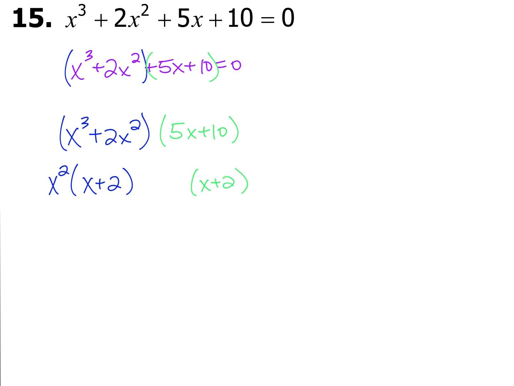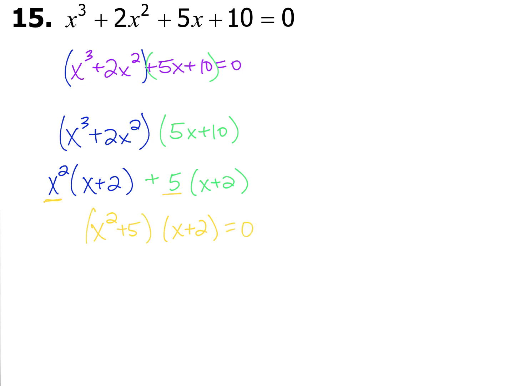Now I have to realize what is going to be multiplied by x plus 2 to get 5x plus 10. Well, that is a positive 5. Therefore, I know that one of my factors is x plus 2, and my other factor is what is being multiplied by each factor, which is x squared plus 5.